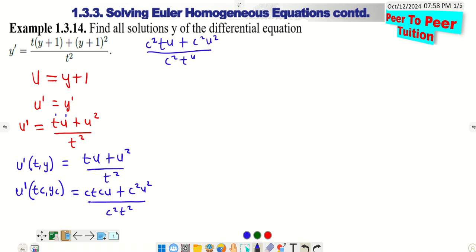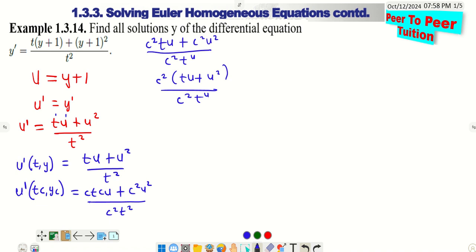From here I can factorize c squared out, and I'll get c squared times tu plus u squared, all divided by c squared t squared. You can see that both the denominator and the numerator have the constant c squared.